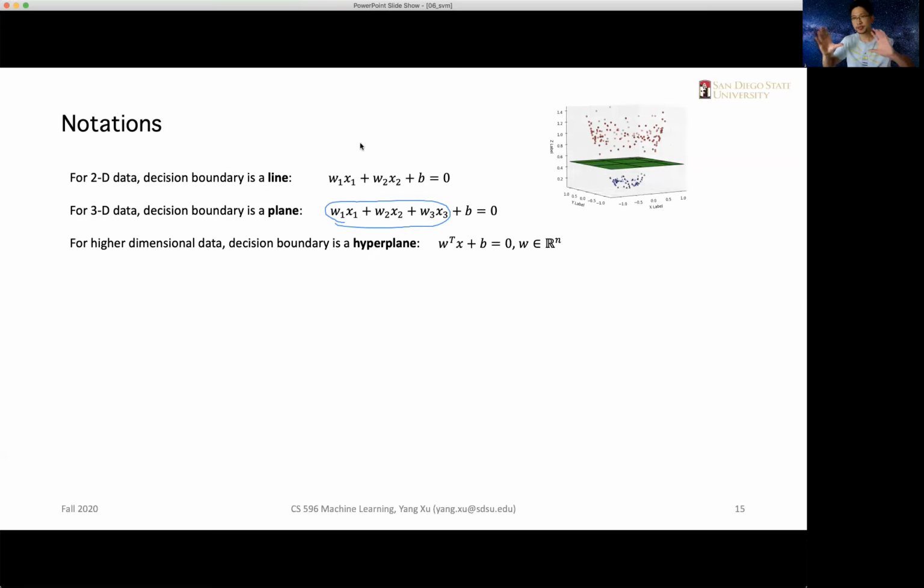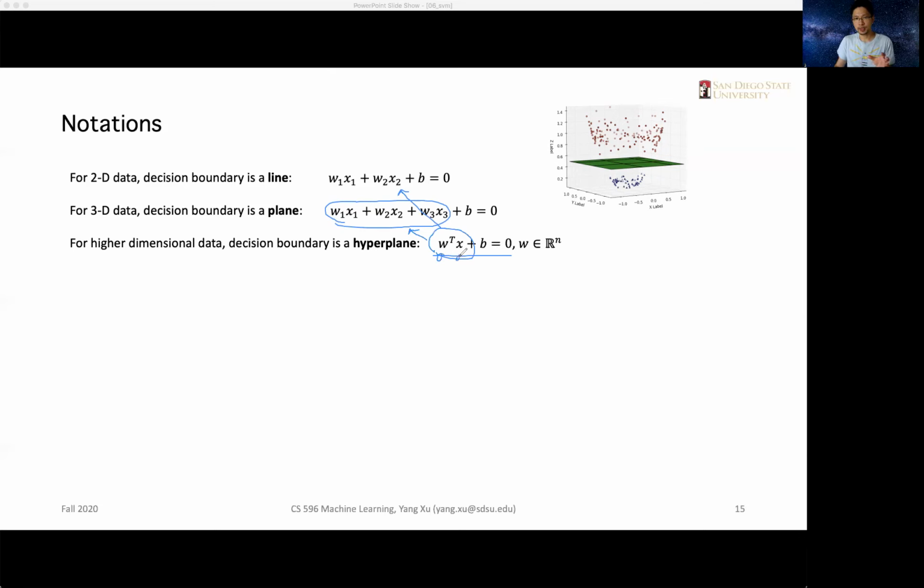We cannot visualize a hyperplane in more than 3 dimensions, but we can think of it, and we can describe it also by an equation like this. Here, it is similar to the 3D and 2D cases. It's the dot product between W and x, right?